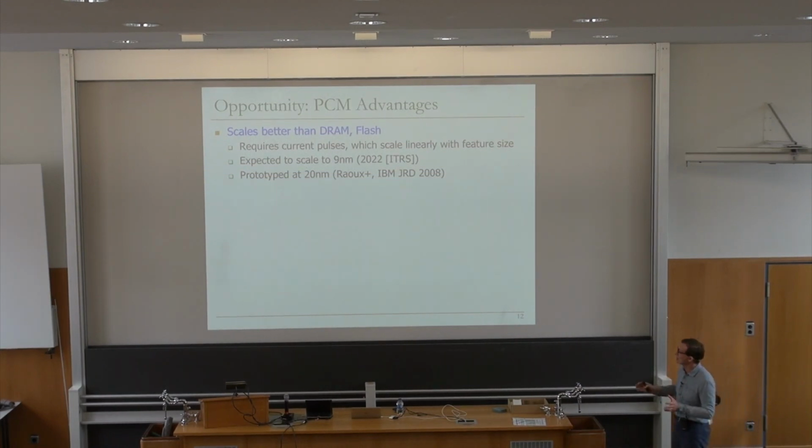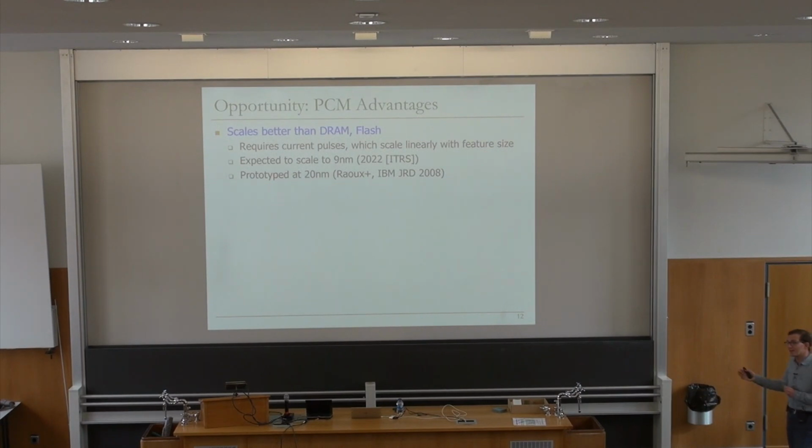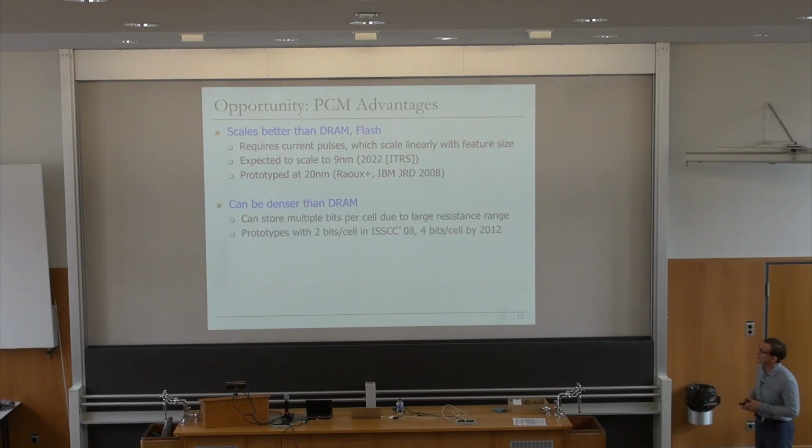People are saying this could scale to 4 nanometers or so. There have been some very small-scale prototypes already around that size. And a long time ago, it was prototyped at 20 nanometers. So it can be more cost-effective than DRAM and flash if scaling continues like this, and DRAM and flash scaling becomes more expensive. So scaling enables you lower cost, and also higher capacity as well, right?